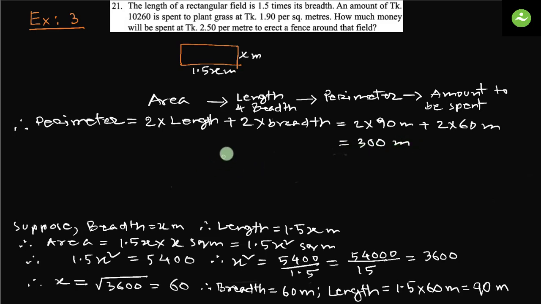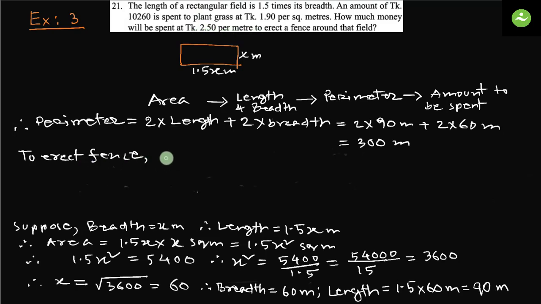Now they said to erect fence you need to spend 2.50 taka per meter. So can we find how much money we need for 300 meter? Yes. To erect fence along the perimeter, the rate is 2.50 taka per meter.